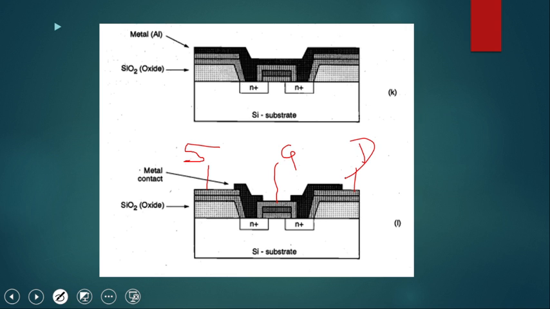So from all the steps of this fabrication, what we understood is why MOS is known as metal oxide semiconductor: if we look at the layers, the topmost layer is of metal type, the layers in between are oxide, and the last layer is semiconductor. So that is why it is metal oxide semiconductor, because the topmost layer is metal, followed by the oxide, and then the last layer is semiconductor.